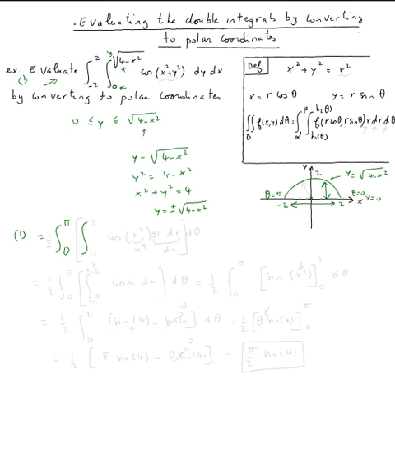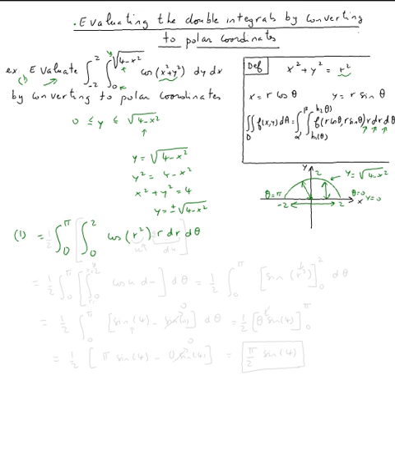My radius goes from 0 to 2. And then I have cosine of x squared plus y squared, which is equal to r squared. And then we need r dr d theta.